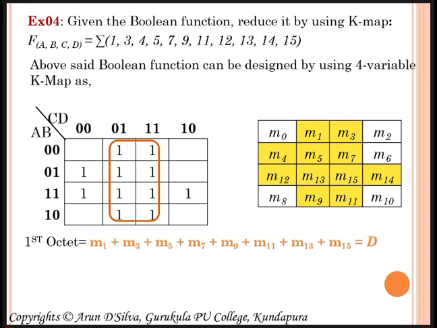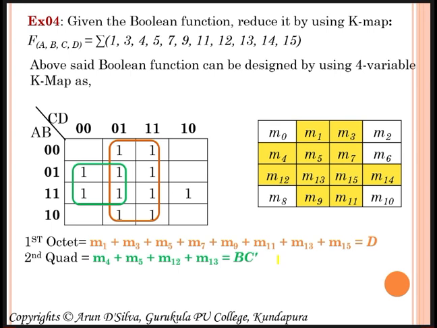Moving forward, let me identify another quad, that I showed in the green color. Now this quad consists of M4, M5, M12, M13 min terms. Now the reduced min term of this quad is BC dash.